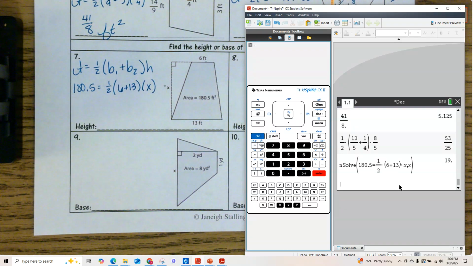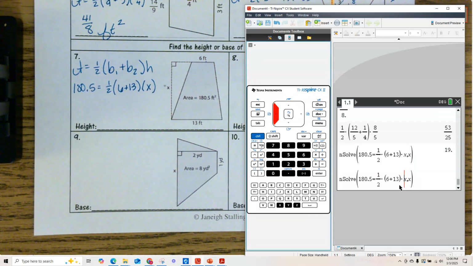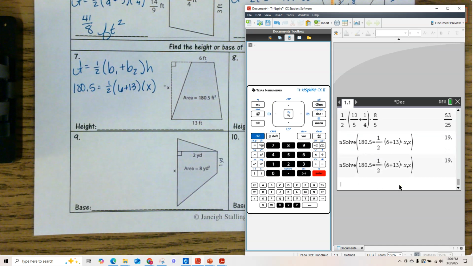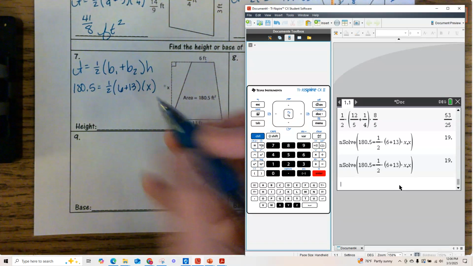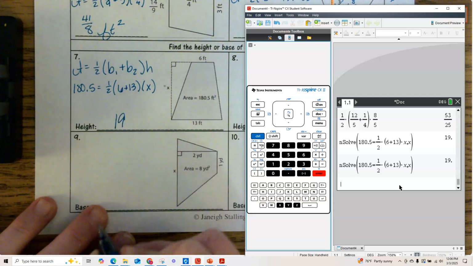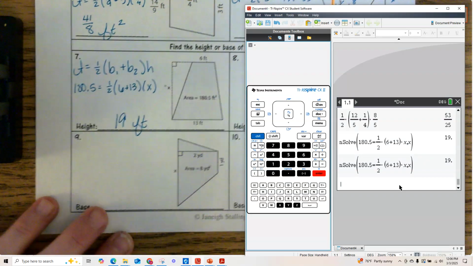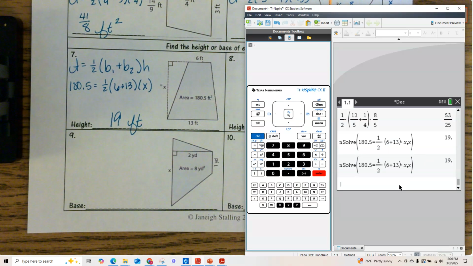So that kind of gives you a hint. If you're going to do it like this, I wonder if we just attach it to the end. That one works. It depends on where it's at. It doesn't like it when it comes before a number. So when it's the letter and then the number shoved up behind it. But that's all we're doing is filling in the right spots. So our height here is 19 and our measurement is feet.